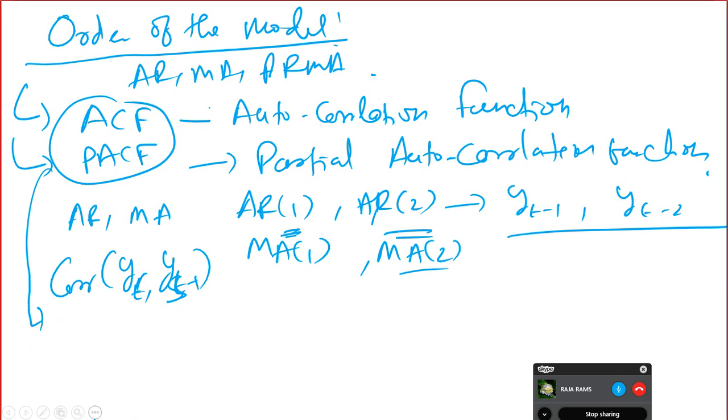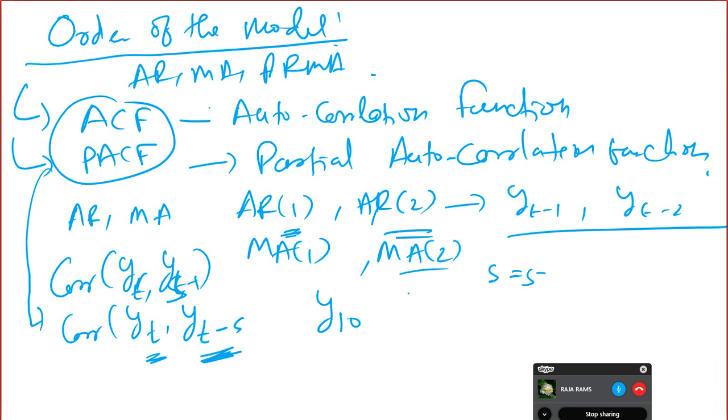It simply takes away the effect of intermediate values. Here t is the current time period and t minus s is the past time period. If t is, say, 10 and s is 5, then we are taking the correlation of Y10 and Y5.